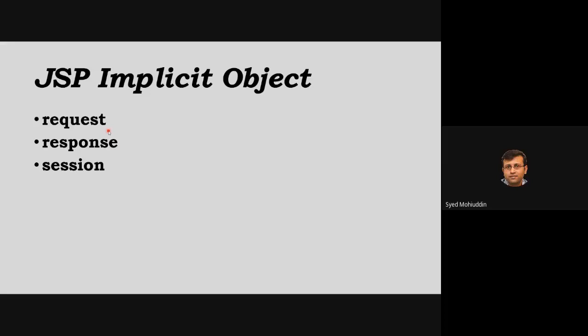But here we will not be using HttpServletRequest. We already have implicit objects defined in JSP. Those are nothing but request, which corresponds to HttpServletRequest, response, which corresponds to HttpServletResponse, and session, which corresponds to HttpSession.